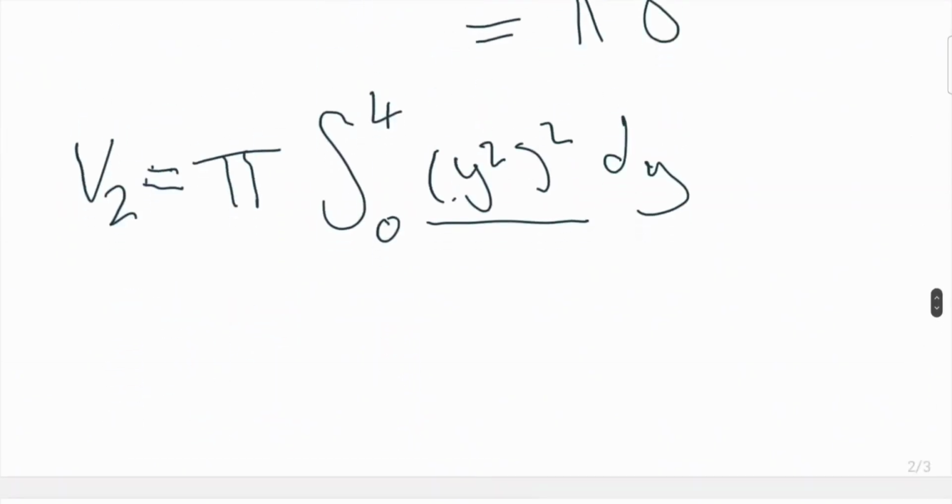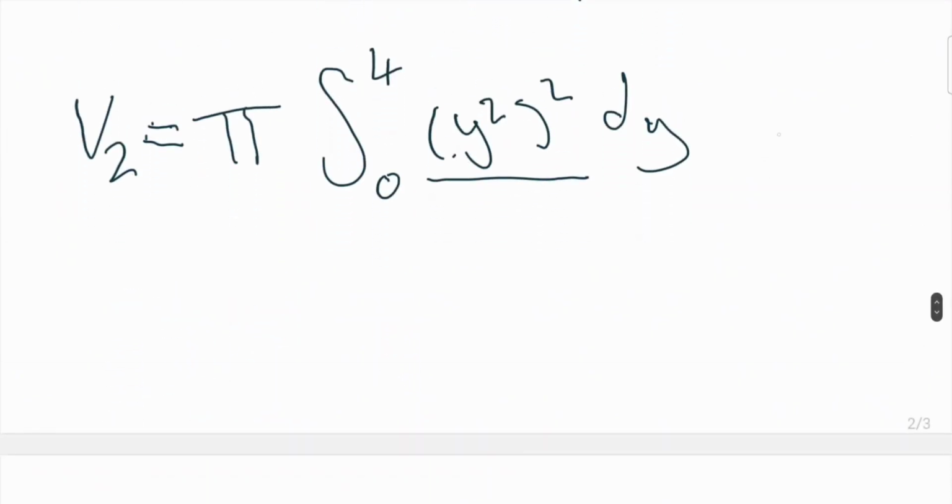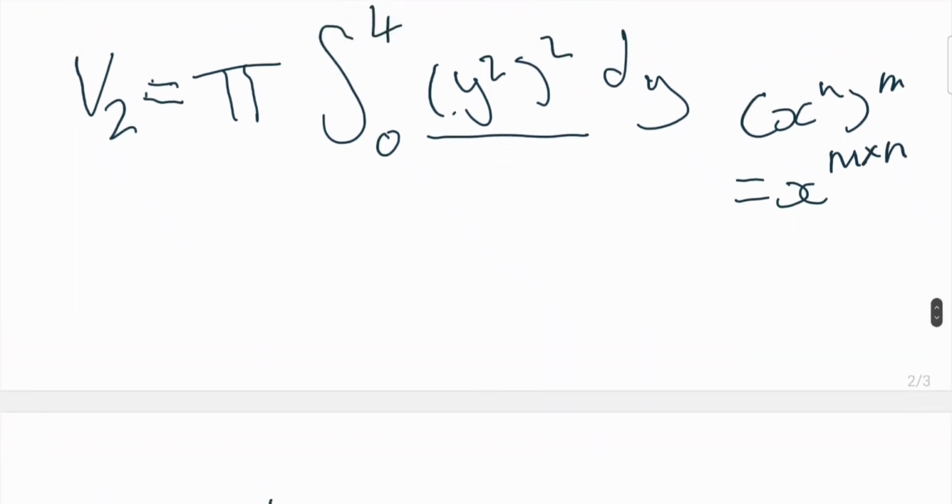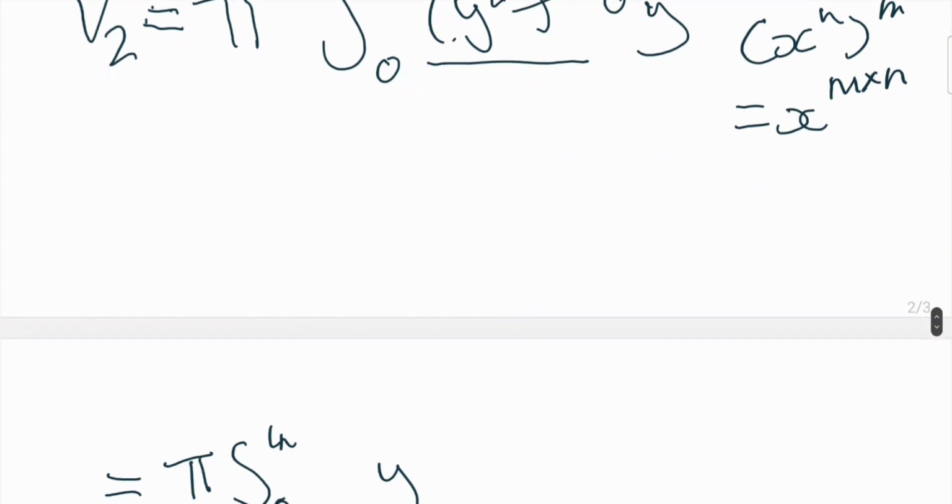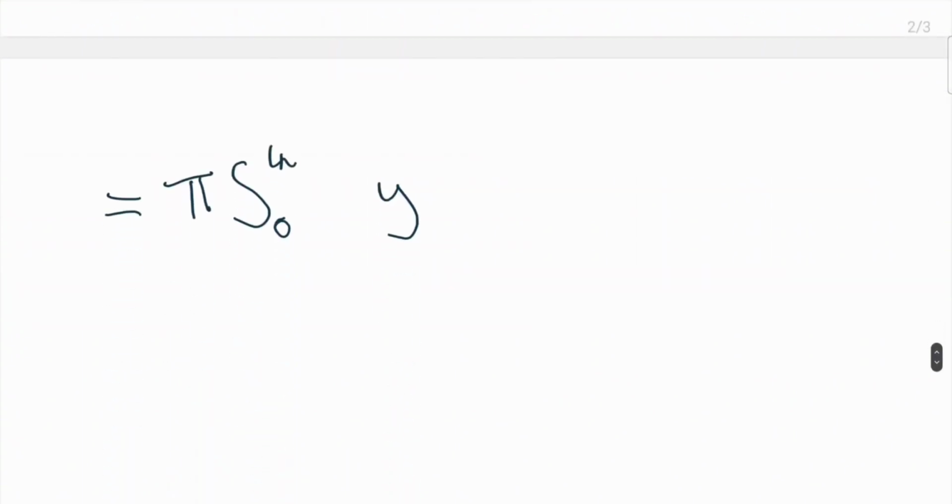If we use the index law, x to the n, to the m, this is going to equal x to the m times n, okay? So we can use that same here. What is 2 times 2? 2 times 2 is 4. So y to the 4th dy.